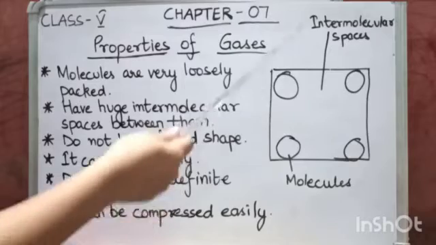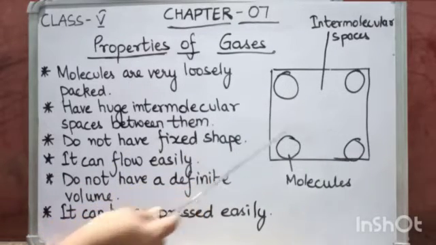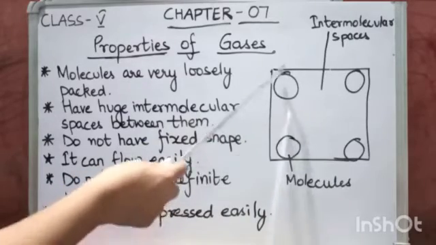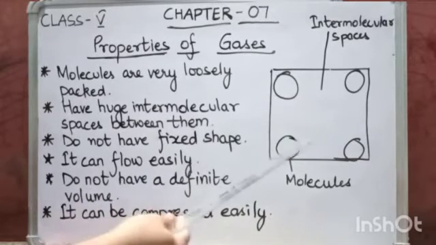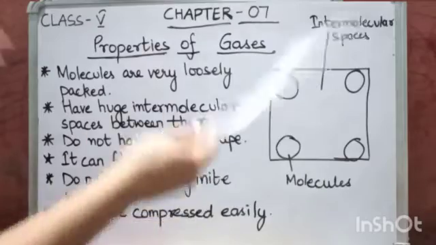And they can flow easily because of these intermolecular spaces and the very weak force of attraction between the molecules. They do not have a definite volume also. And it can be compressed easily by applying pressure.